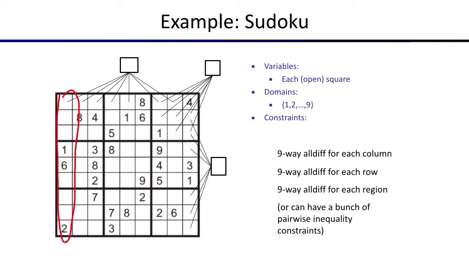As a quick note about constraint graphs, if we think about this in the second way, where these are all-diff constraints, those are not binary constraints. Those are constraints on a bunch of variables all at once. And so what we do is we draw something like this, where you can imagine that each one of these open squares is a node in our constraint graph, and it has an edge to these squares up here.